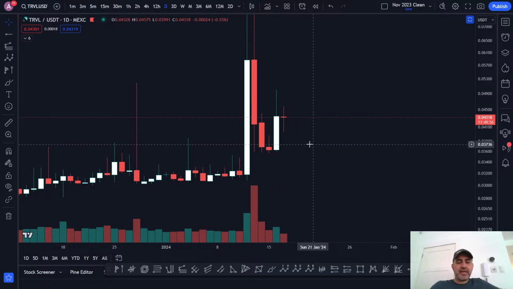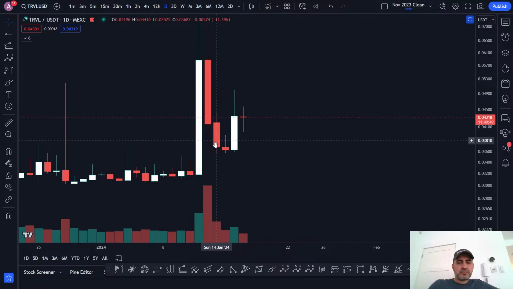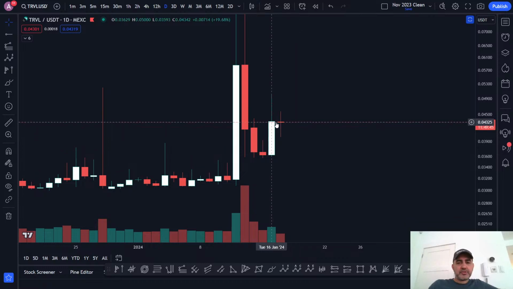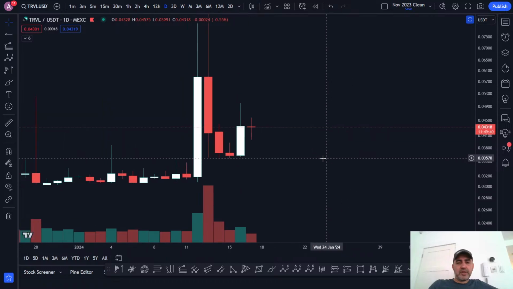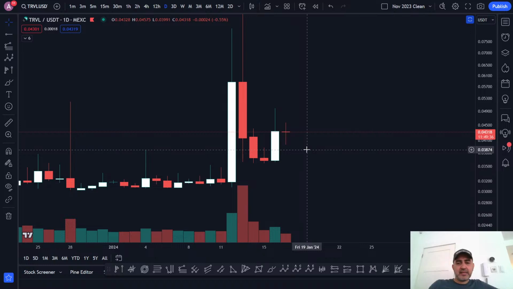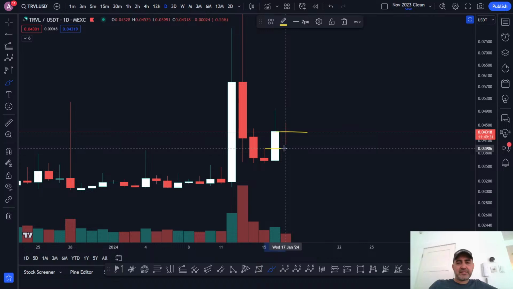So that's kind of what you want to see. This whole structure is the beginning of a reversal structure, but you would need another green candle for confirmation, right? So we have to see if that happens, but that would be nice to see. And obviously this daily close yesterday, closing above this wick and also above this previous candle open here, is what you want to see.